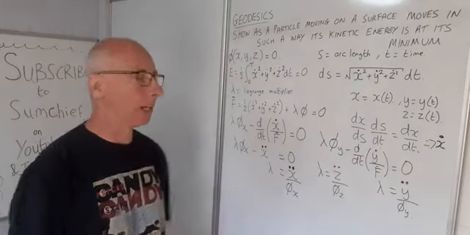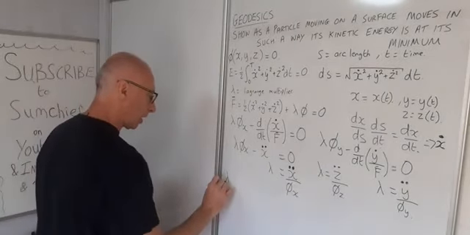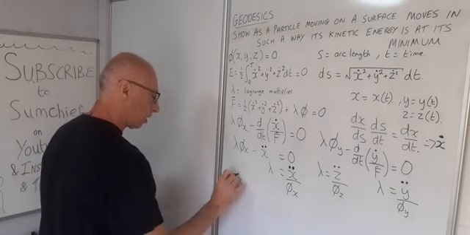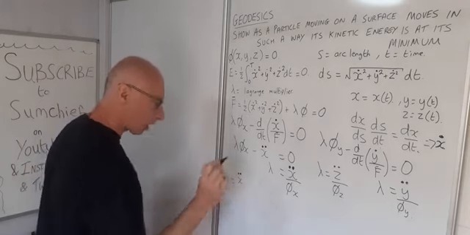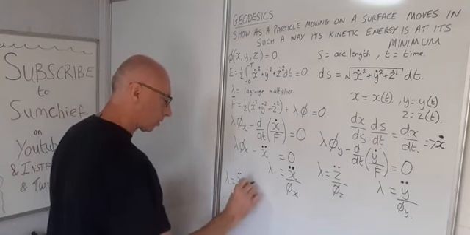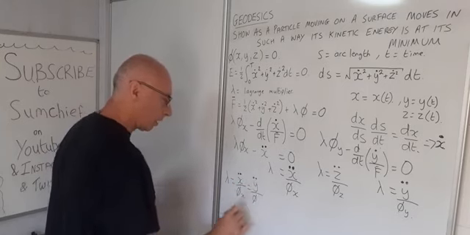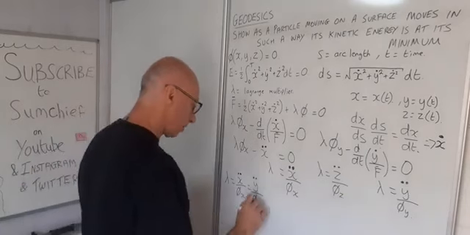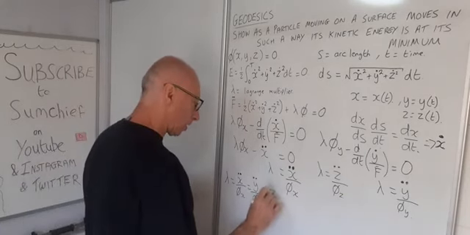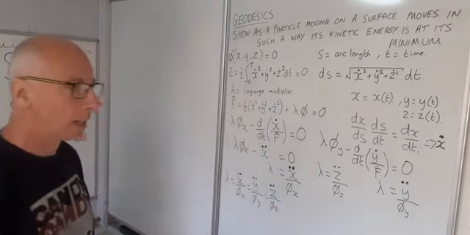And then all of these will have the same value. So basically what we can finish off with is say that lambda equals the second parametric derivative of x divided by phi of x, equals the second parametric derivative of y divided by the partial of phi with regards to y, and then we've also got the second parametric derivative of z divided by the partial of phi with regards to z.